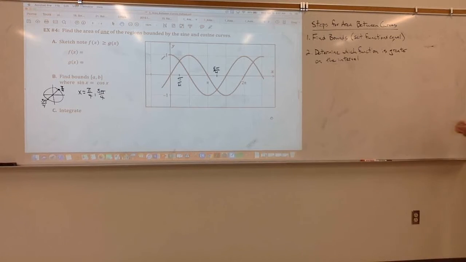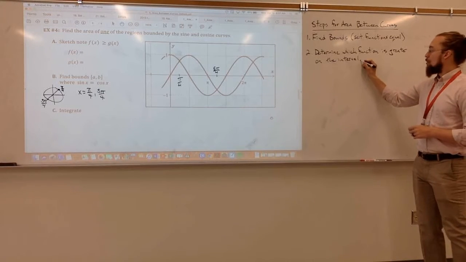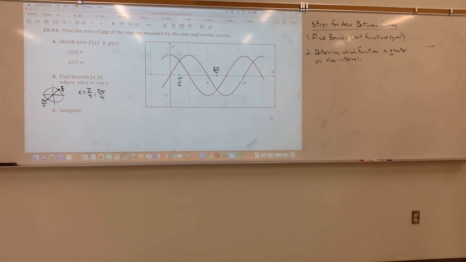Right? But if we don't have a graph, what might be a way that we could determine easily which one's greater on this interval? Any ideas?